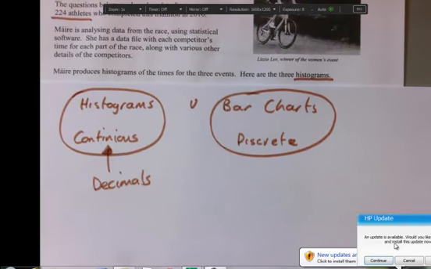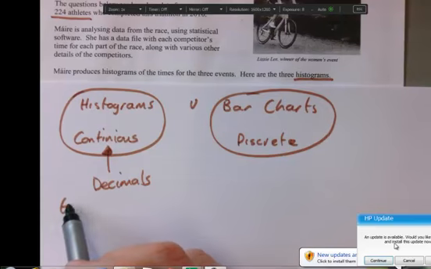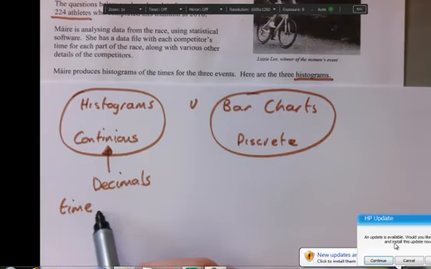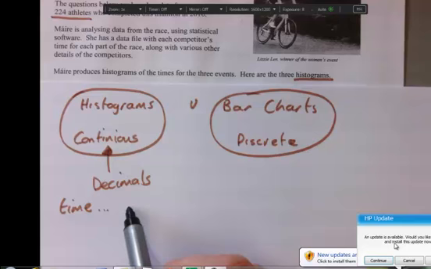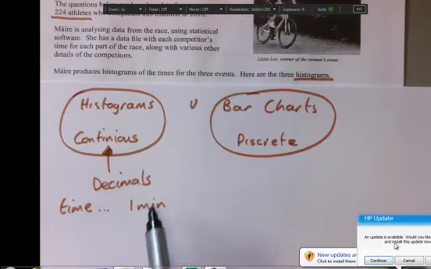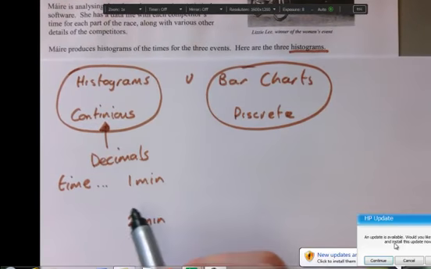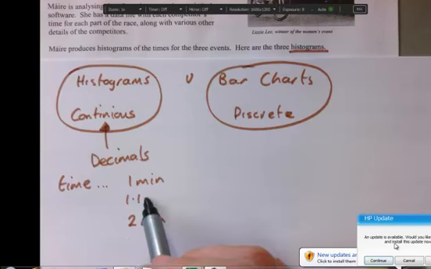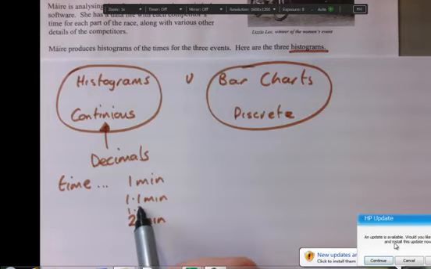So for example, when we talk about time, we say time is continuous because you could have 1 minute, or you could have 2 minutes. But to be fair, you could also have 1.1 of a minute, or 1.2 of a minute, or 1.22.